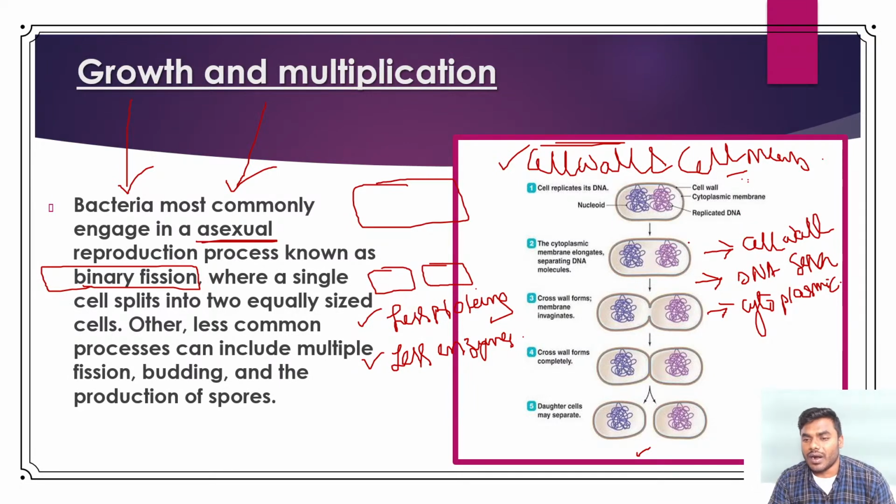Every student remember, first the cell wall gets elongated. Keep it in your mind, friends, whenever the cell wall gets elongated, undoubtedly the cell membrane also gets elongated, because the cell wall is the most rigid structure. If the cell wall elongates, the membrane automatically elongates.